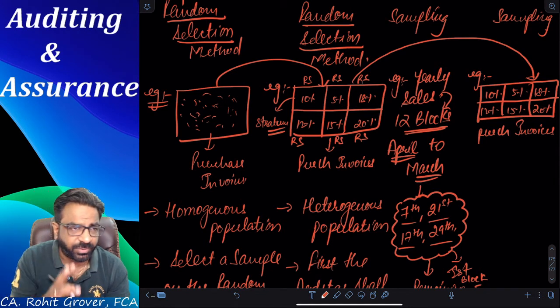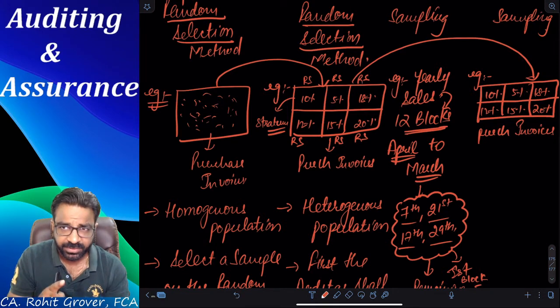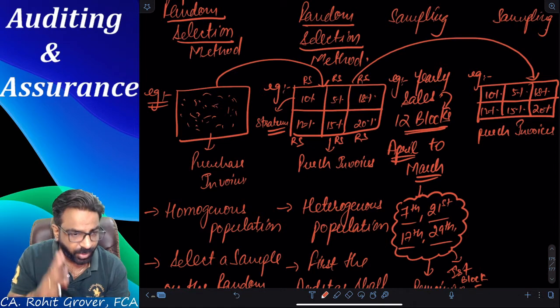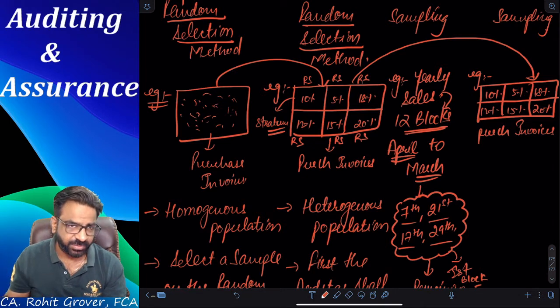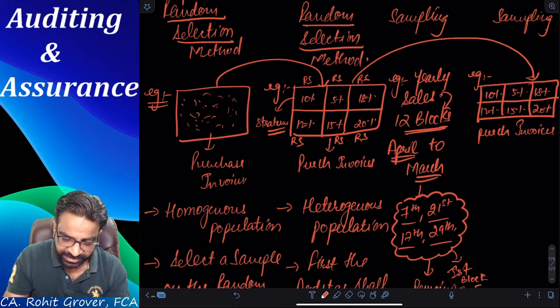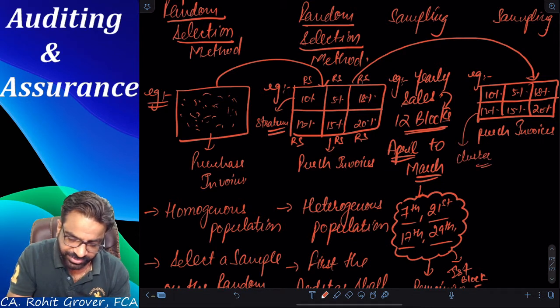In method number 2, each subpopulation is known as what? Stratum. In method number 3, each and every subpopulation is known as what? Block. But in this method, each and every subpopulation is going to be known as what? Cluster. So here it is known as cluster. It is not a stratum.